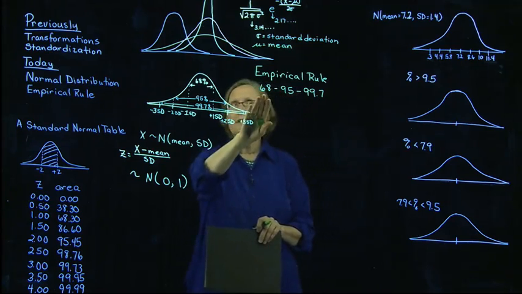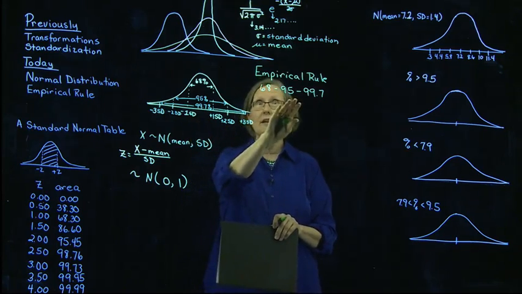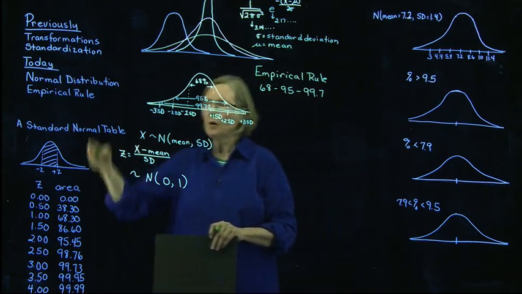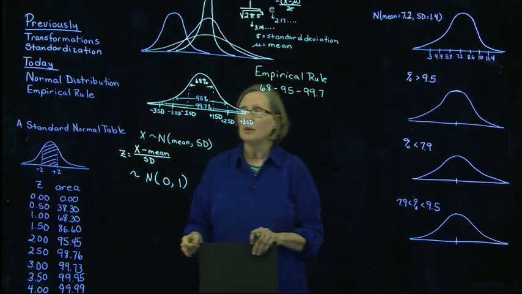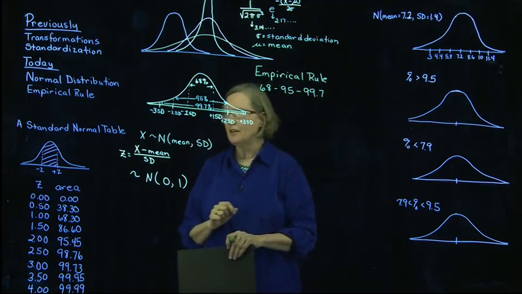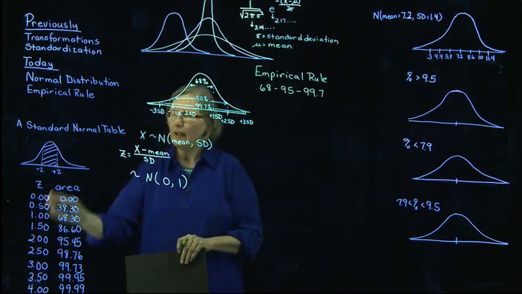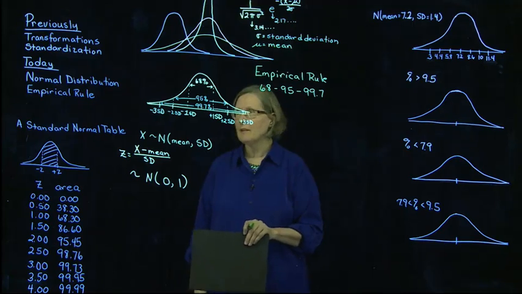You now know the 68, 95, 99 marks off 1, 2, and 3 standard deviations, but there are normal tables, or your calculator or computer will calculate the percentage for other standard deviations. Here I've listed about 10 of them that we'll use in a problem that's coming up.